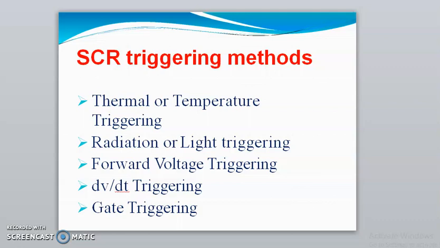It is known as the forward voltage triggering because the SCR always operates in the forward biased condition. It is never operated in reversed biased condition. We have seen in the voltage current characteristics of SCR. Then dV by dt triggering. It is nothing but rate of rise of voltage. Then is the gate triggering.